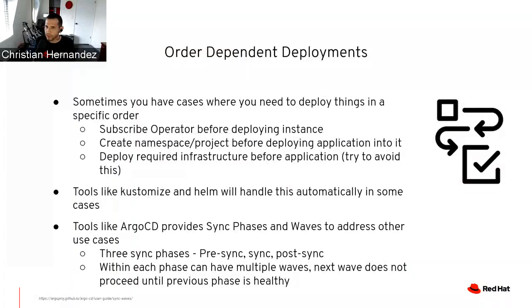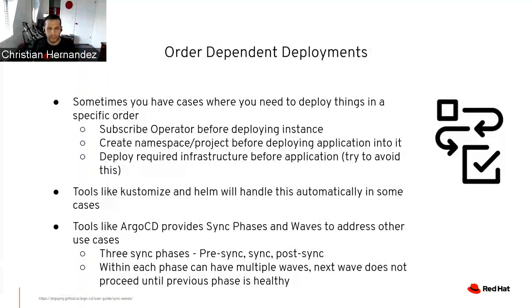Second, I want all the secrets to get created. Third, I want all the services to get created. You can do 0, 1, 2, 3, 4, and it's number based, and you can go from negative numbers to positive numbers. It'll do it in the order in which you specify. So you actually have a lot of control over how things get deployed, especially with Argo CD.